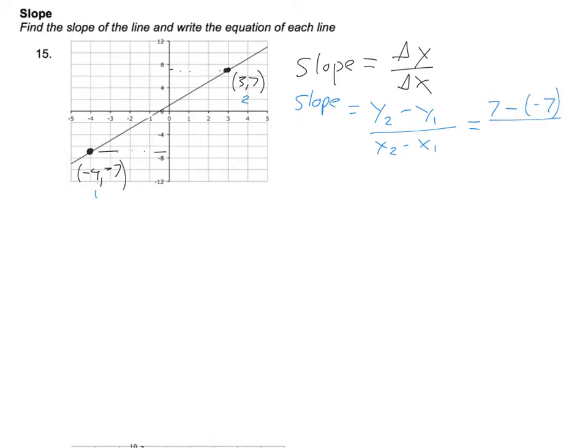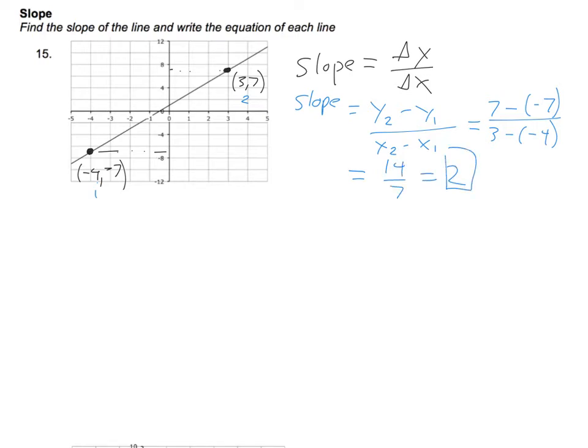And for x2, it's going to be 3 minus -4, which is x1. Notice how these 2 points, 3 and 7, match up, and these 2 points, -4 and -7, match up. So I end up getting here 14 over 7, or a slope of 2.